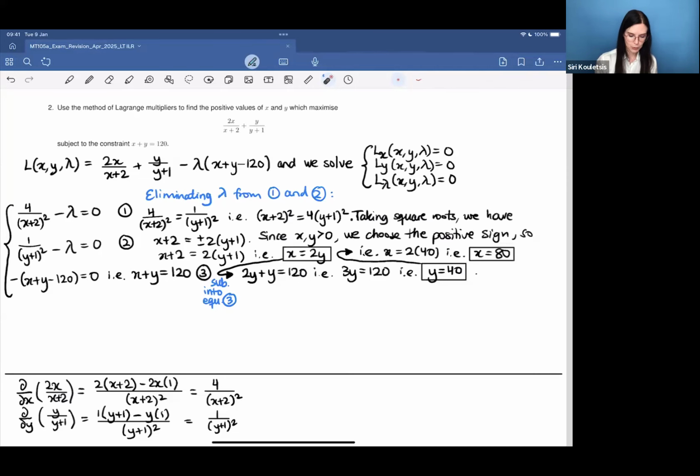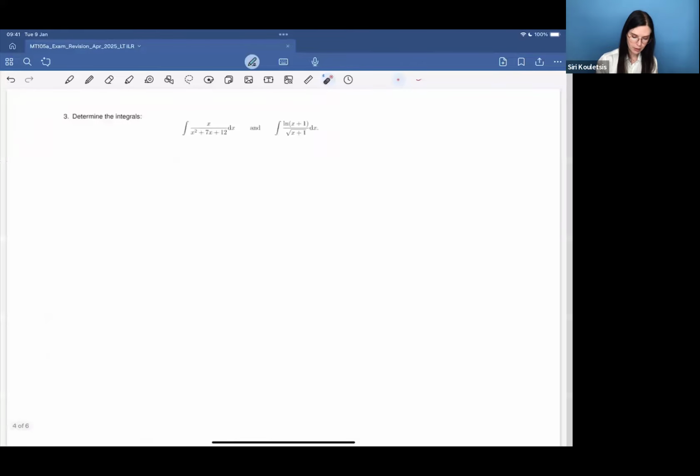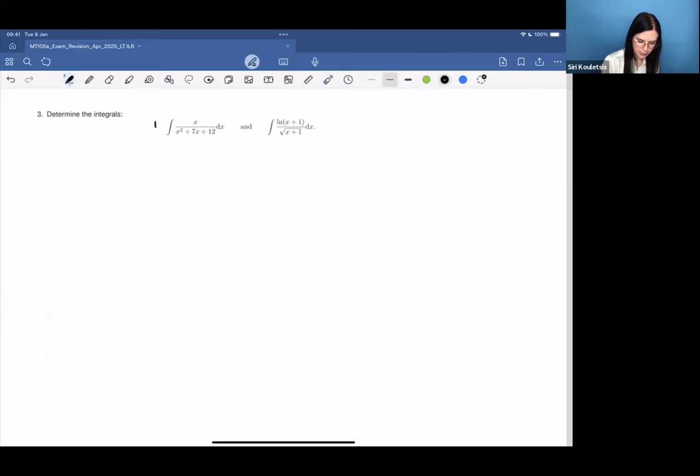Let's move on to some integration. So I have two integrals for us here, so let's focus on the first one first. Just having a look at it, just in order to engage our revision muscles.